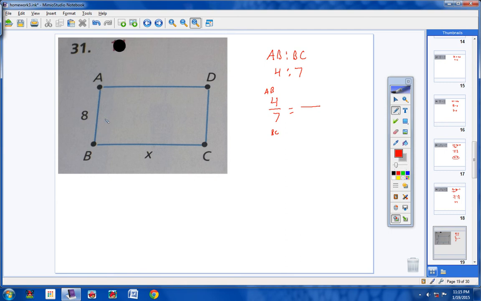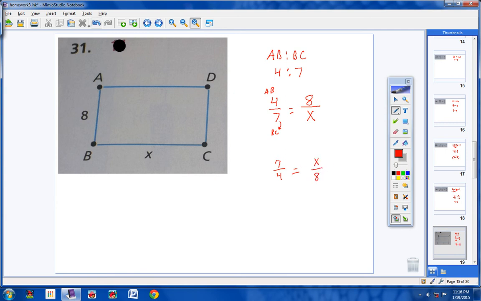So what's AB over here? 8. What's in the bottom right here? The number that corresponds to BC, correct? So BC here is x. So you must set it up like this. 4 over 7 equals 8 over x. Or I guess you could do this. You could also say 7 over 4 equals x over 8. You'll get the same answer either way, okay?